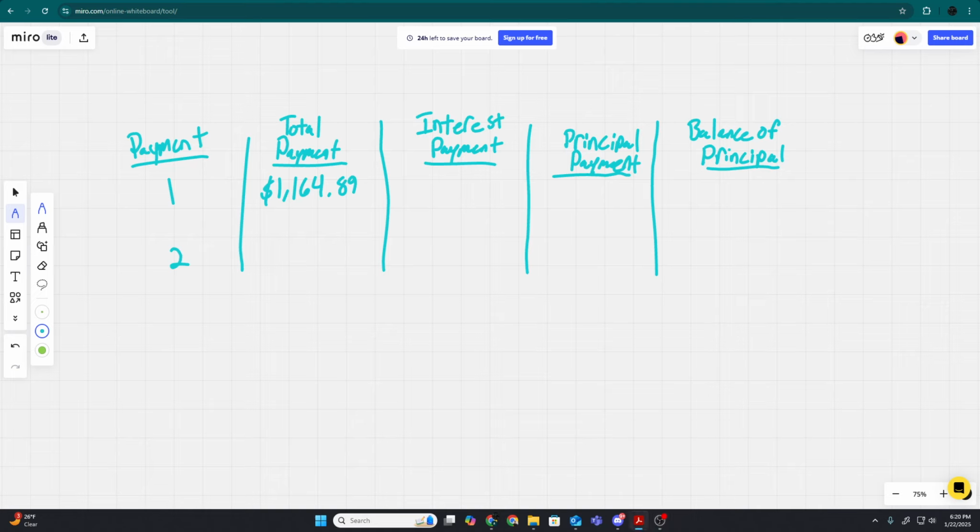Okay? All right, so on your table, we see the formula for interest payment: I equals P times R over 12, okay? And so we're going to go ahead and figure out what the interest is going to be.